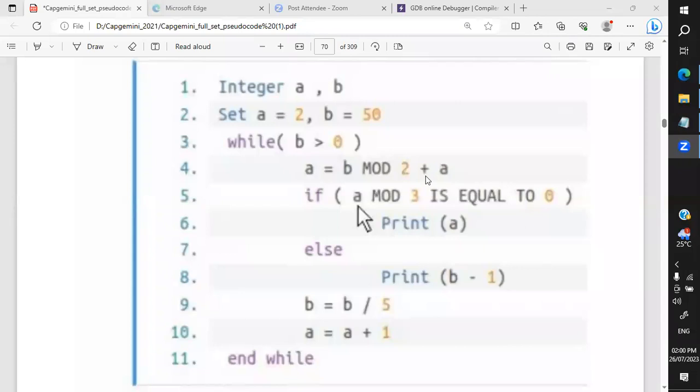The answer already? Looks like a few people got it. 49 1. Whatever, others make it fast. Haripriya, we are printing A value and B minus 1 values. Print A or print B minus 1. Which one is getting printed and how many times? Both we have to check.